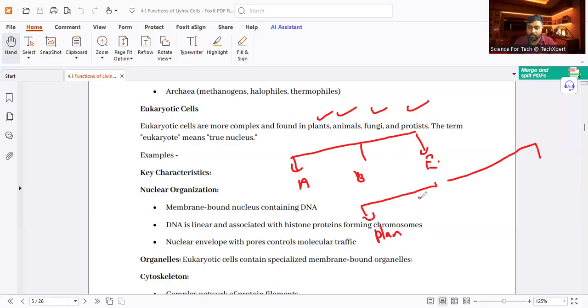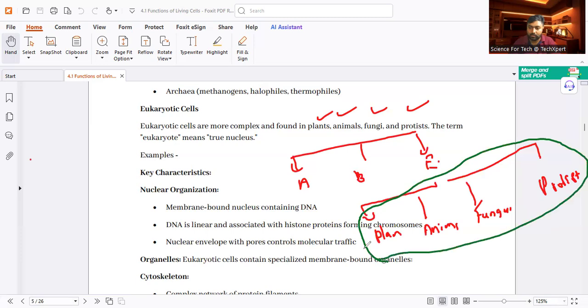Kingdom Plantae, Kingdom Animalia, Kingdom Fungi, Kingdom Protista. All the cells in these four kingdoms of the eukaryote domain are eukaryotic cells. Clear?